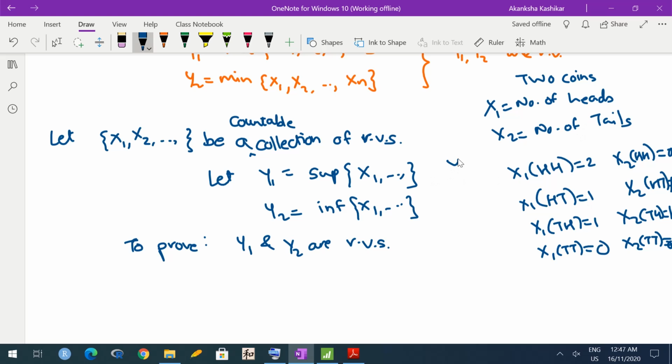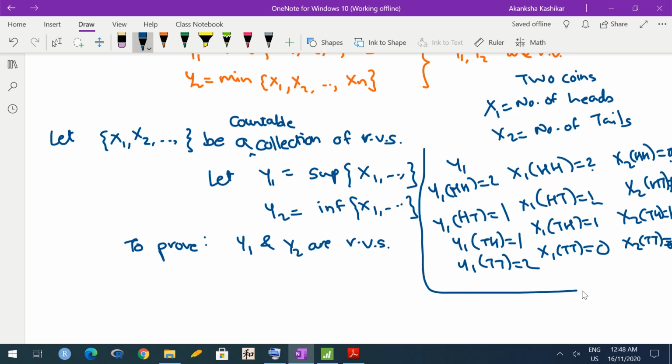So if I want to define Y1 as the maximum, I have to take it for each omega. So Y1(HH) would be 2 because it is the maximum of 2 and 0. Then Y1(HT) would be 1 because it is the maximum of 1 and 1. Similarly, Y1(TH) would be 1 and Y1(TT) would be 0. So Y1 is again a random variable.